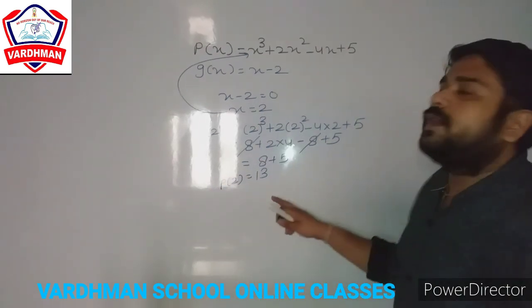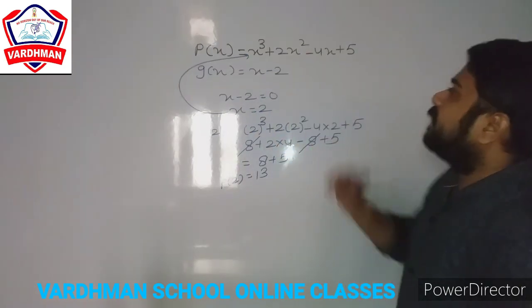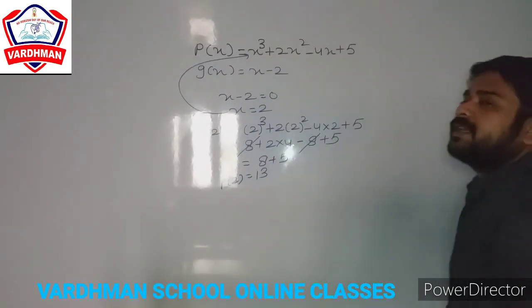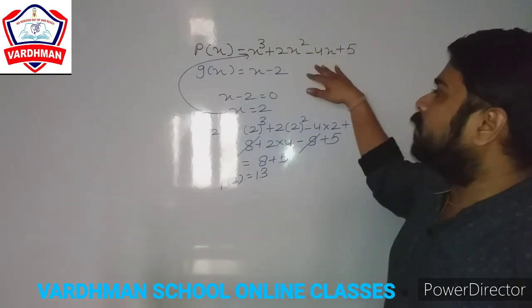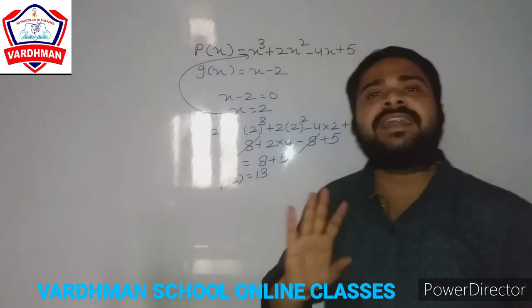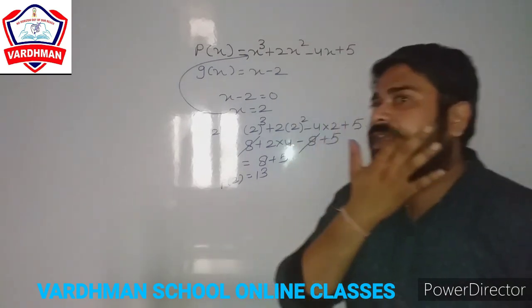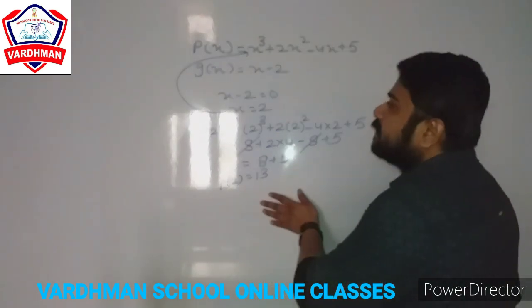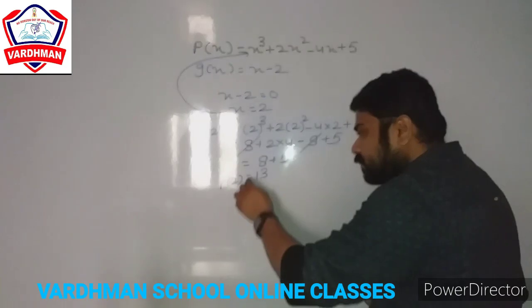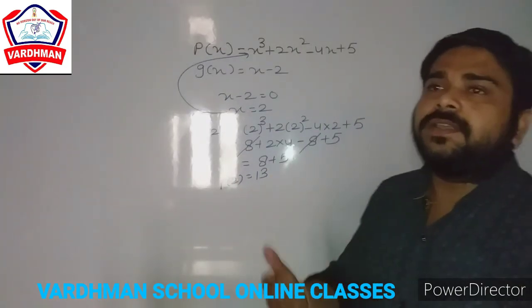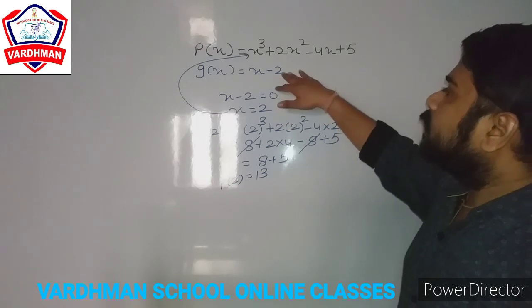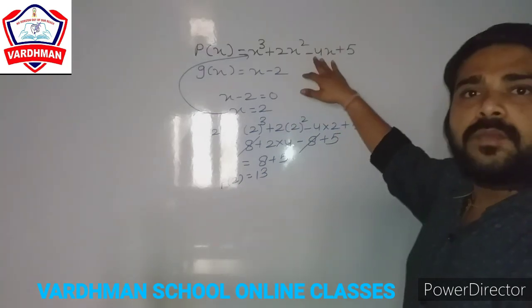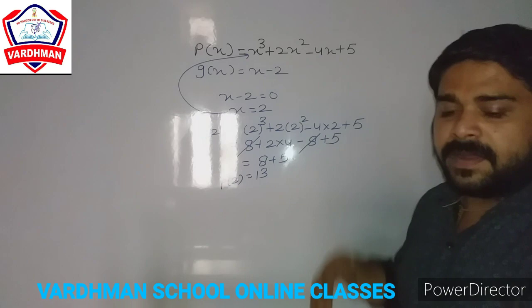So the remainder will be 13 when we divide this polynomial by x minus 2. If we divide this polynomial by x minus 2, the remainder will definitely be 13. So this is the first method: put this value into the polynomial and find out the remainder.